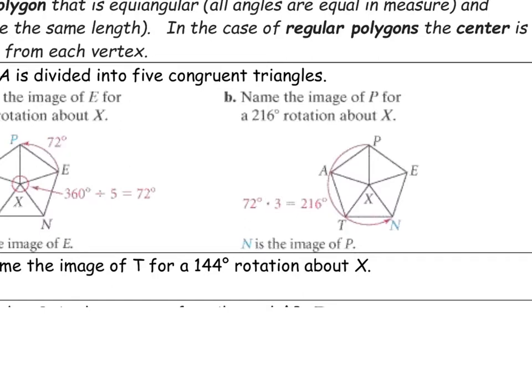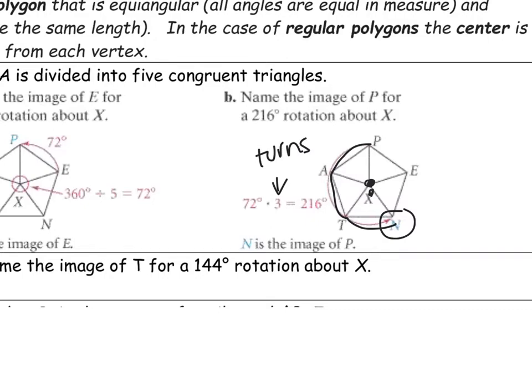So this means we want 3 rotations about X, X being the center of rotation. So here's our center of rotation right here at X, and we want 3 turns to make 216. So 3 turns would be 1, 2, 3, and N is the image of P. If we rotate P, it's going to end up right here at N.